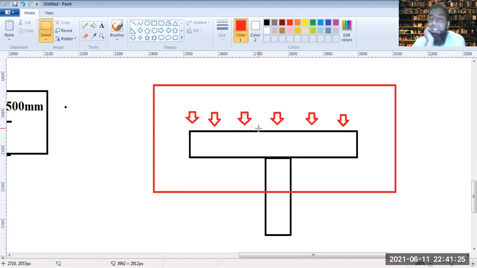Look, soil is an ultimate mass. It has got no boundaries. As compared to a building, it's an infinite thing as compared to the structure.